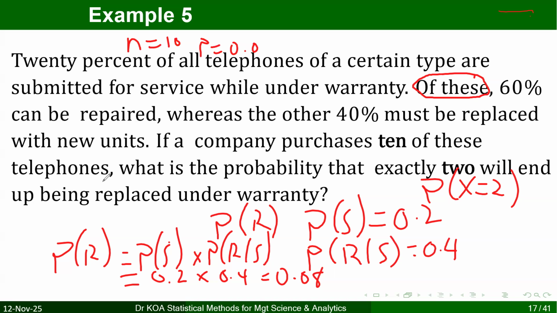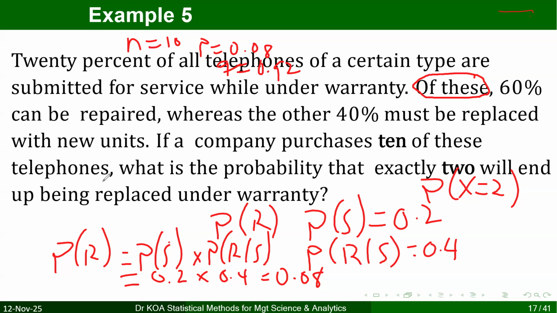That 60% is actually a split between the replaced and the repaired, because both of them were given different probabilities. But the focus now is on the replaced. Good. So you have 0.08, which means that your Q is 0.92.